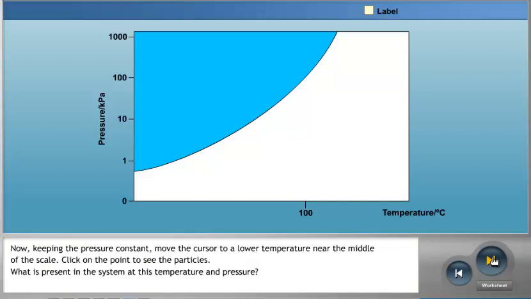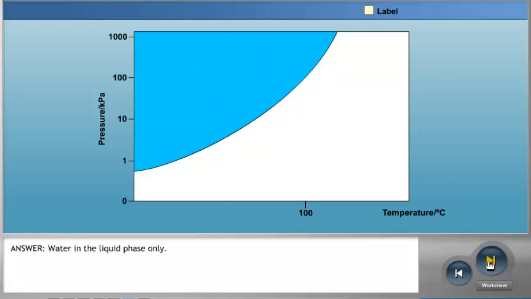Now, keeping the pressure constant, move the cursor to a lower temperature near the middle of the scale. Click on the point to see the particles. What is present in the system at this temperature and pressure? Answer: water in the liquid phase only.